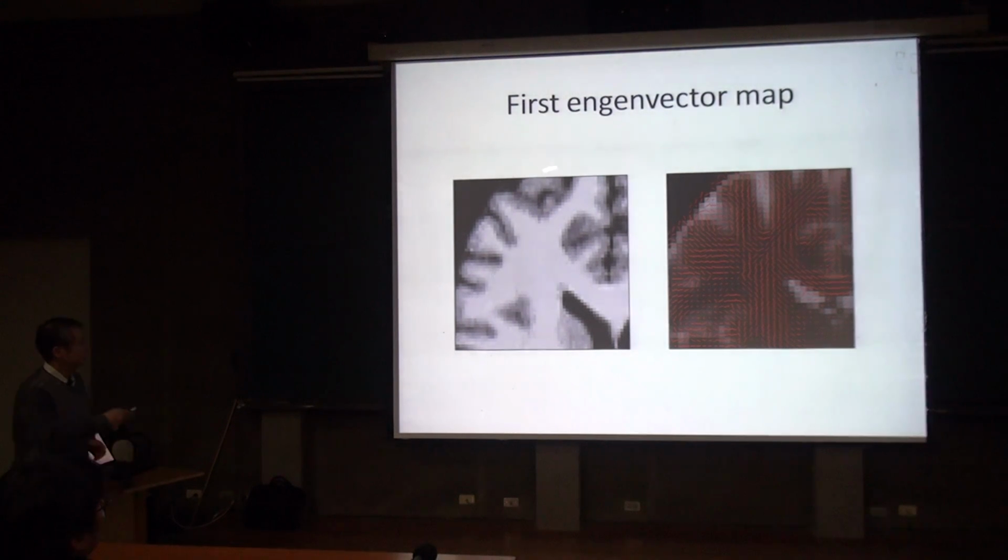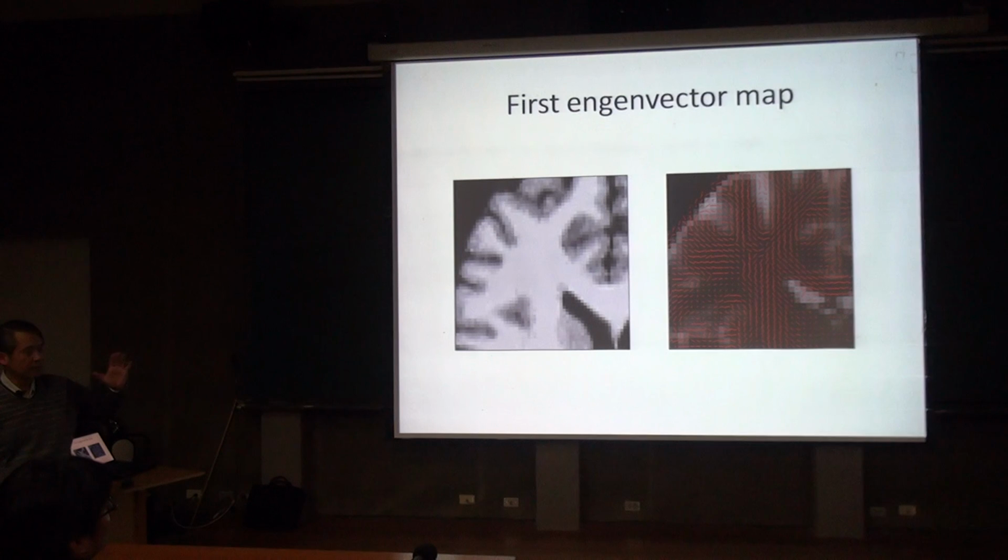So here we can see this is the conventional MRI, and this is the gray matter, this is the white matter. And you can see if we just plot the first eigenvector of the diffusion tensor, we can see these lines. These lines represent the direction of the neural fibers at each position.